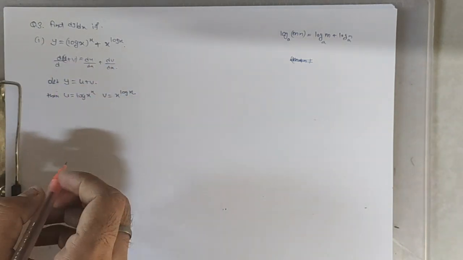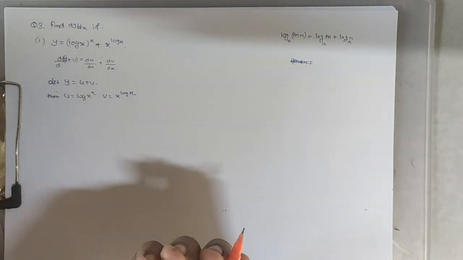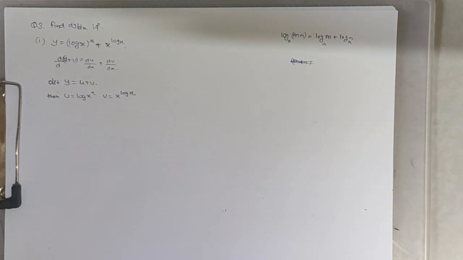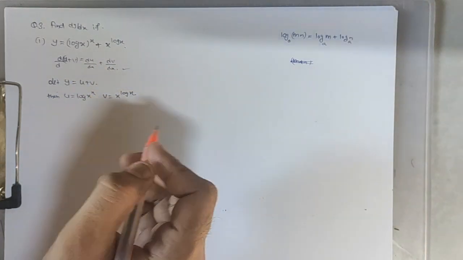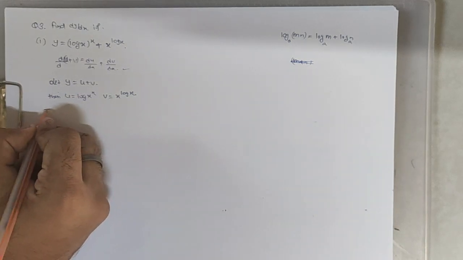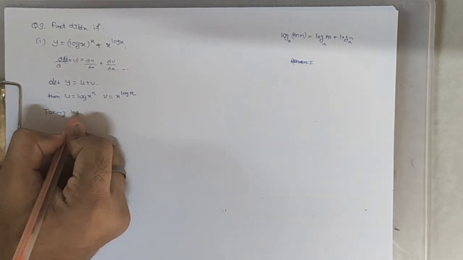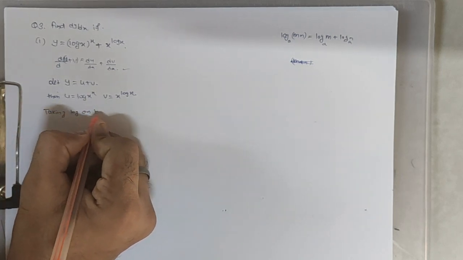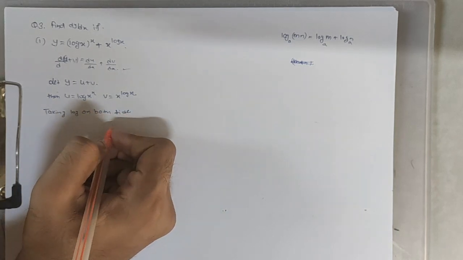Okay, so now we will differentiate u and v separately. Then we will apply this formula. So we will be taking log on both sides, in both the terms.